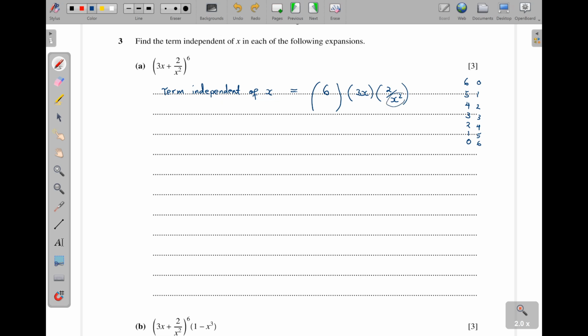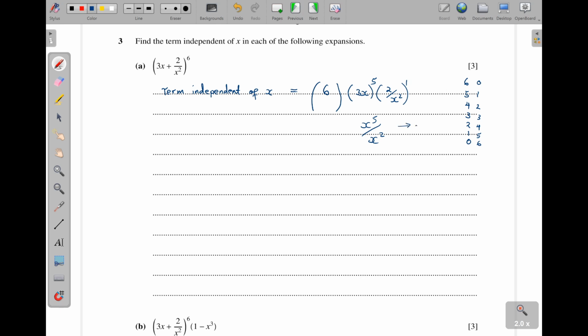Since this one has x down here, that means the whole power that comes from here, we divide by the power of the x that is down, then we get no x. If you put 6 and 0 here, this will be x power 6. Then if we put 5 and 1, this will be x power 5 over x power 2.